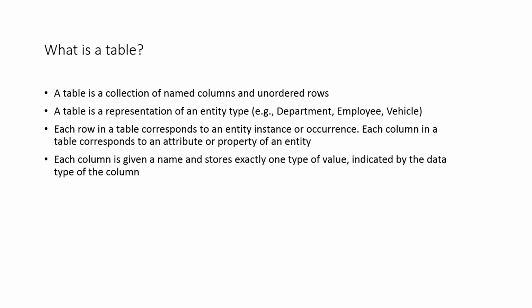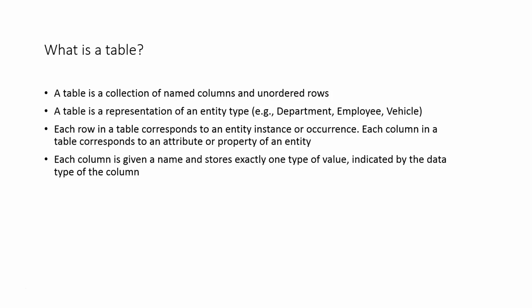And then we say that each column also is going to be assigned a name when the table is created, and also designated as being associated with or holding data of a particular type. So for example, we could say that a column is going to hold numeric data. It's going to hold date-time data, or it will hold character data.